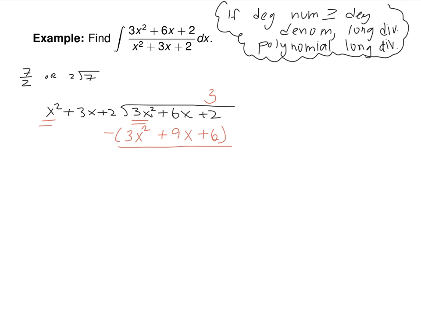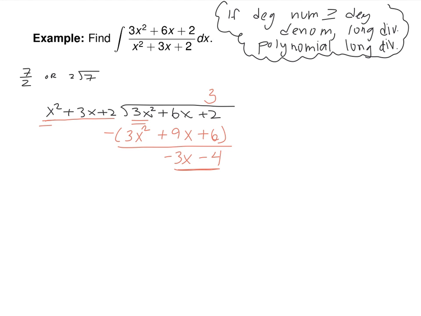So 3x squared minus 3x squared means no x squared. Then you have 6x minus 9x. That's negative 3x. And then you have 2 minus 6 is negative 4. And if you think about the world of numbers, you stop when this thing is less than your divisor.